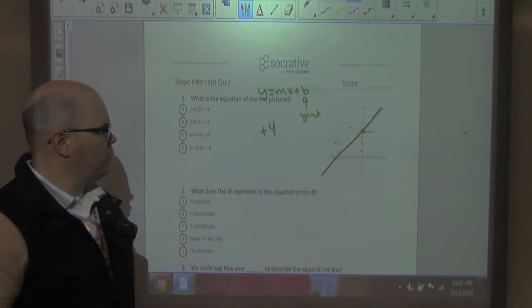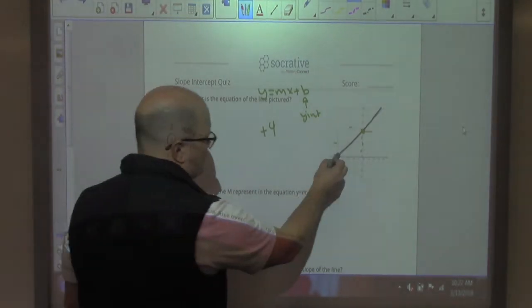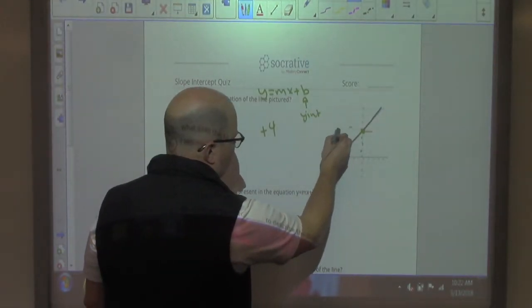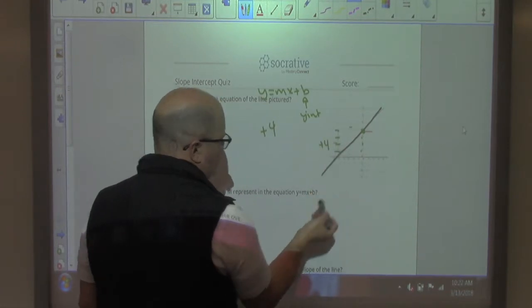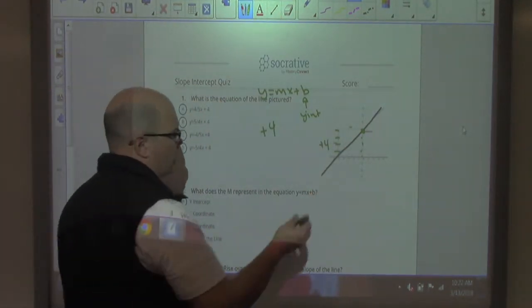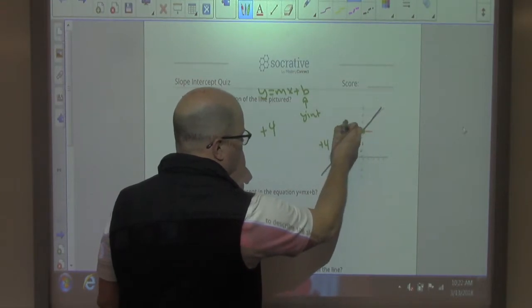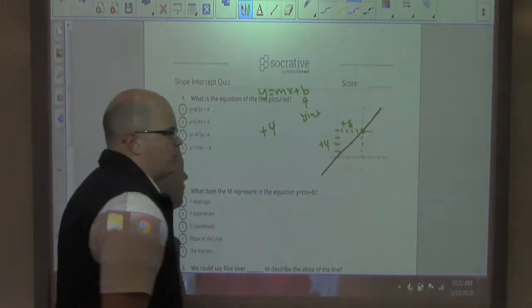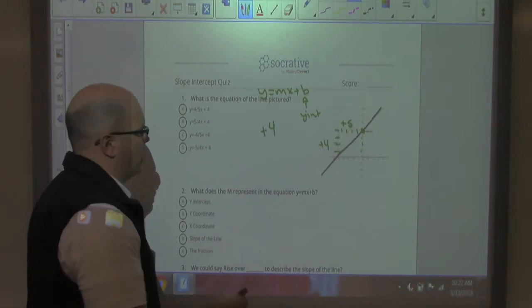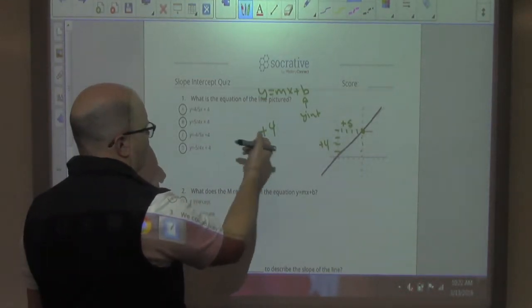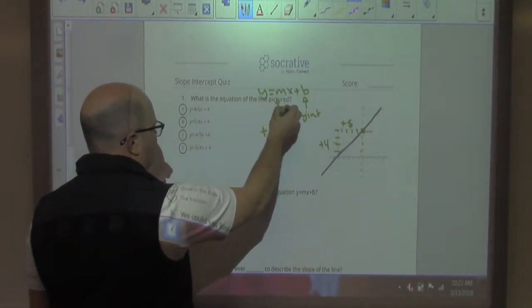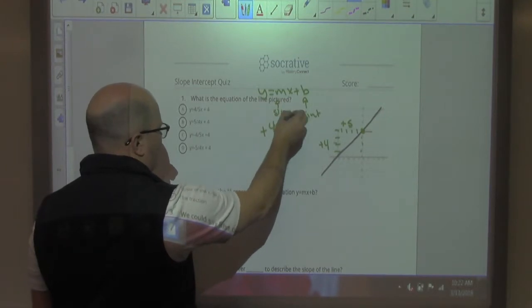So now I know I'm going to end with plus 4, then I just have to figure out how much rise I have. That's plus 4, and it's a plus because I'm going in an upward direction. The run would be 1, 2, 3, 4, 5 units, plus 5 because it's 5 units to the right. So my rise over my run is my slope, or my change in y over change in x.